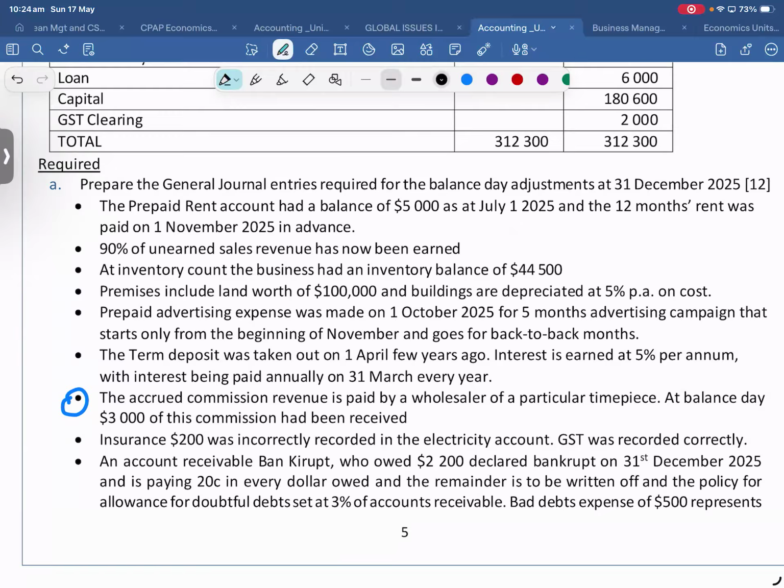It should have been. Then what's the double entry? You are receiving money, so debit the bank. And then where do you credit? Accrued commission revenue. Because your asset is decreasing, it's like you are receiving money from the account receivable. Right?